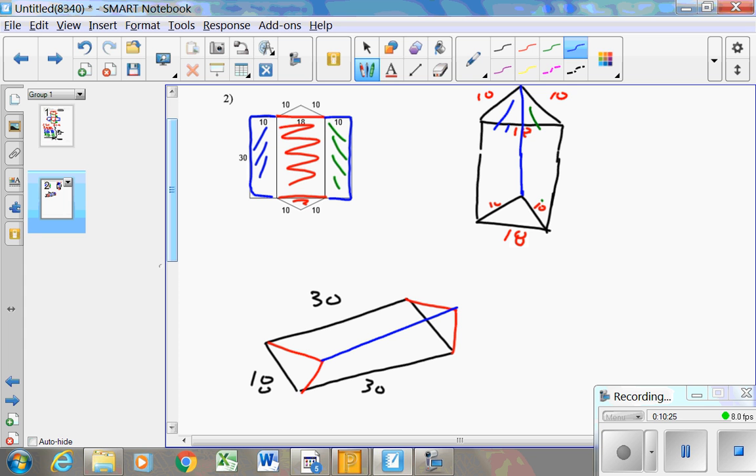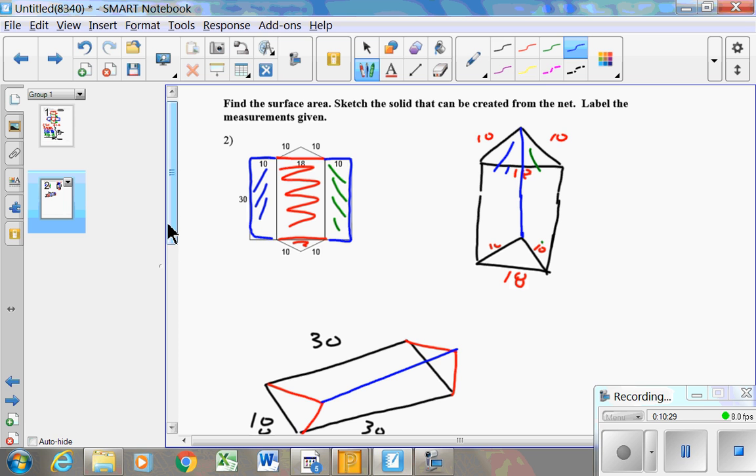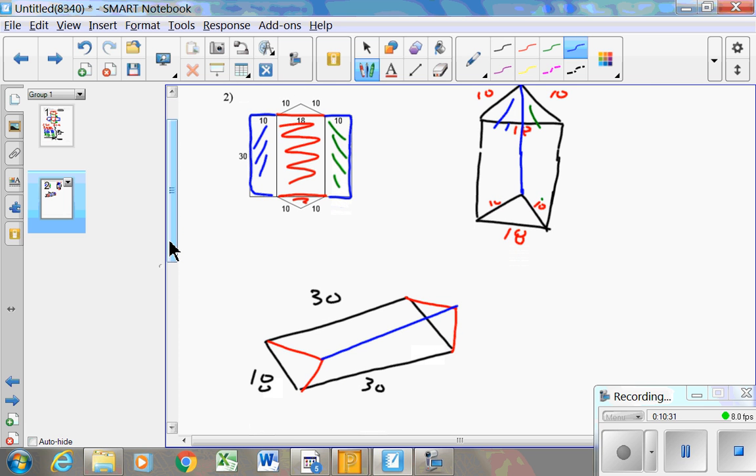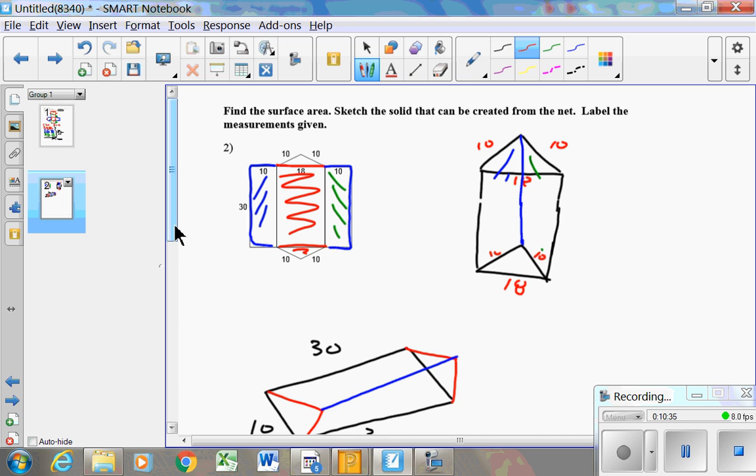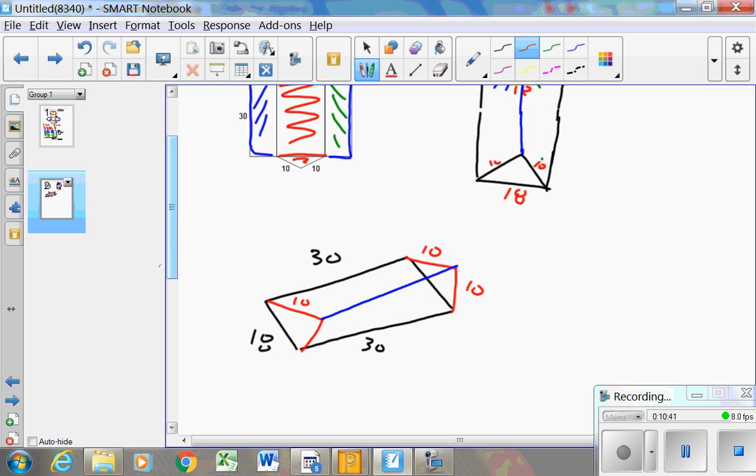I am no artist, so I'm hoping that you are able to draw things better than I can here. But the idea is it's 30 by 30 by 18, and then each of these red lines are still 10 by 10. And if we wanted to, we could find the length and the width of all of our rectangles, but we don't know the height of our triangle, so we're going to stop our question here.